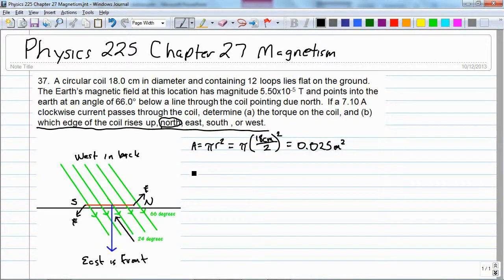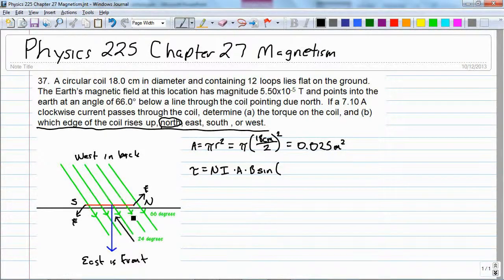And now the torque of the coil is going to be equal to the number of turns times the current in the coil times the area times the magnetic field times the sine. And now here's the tricky part.